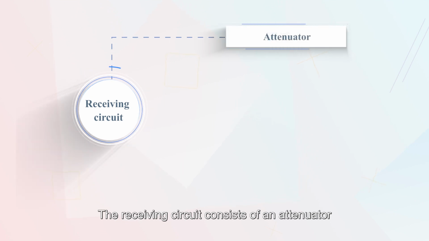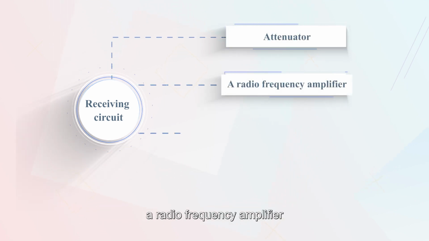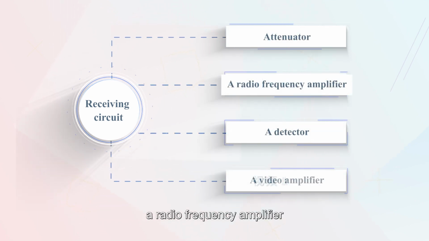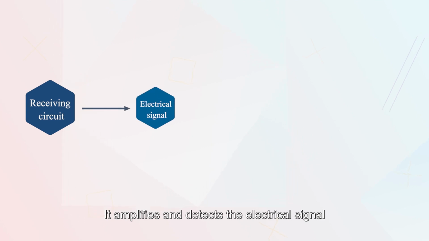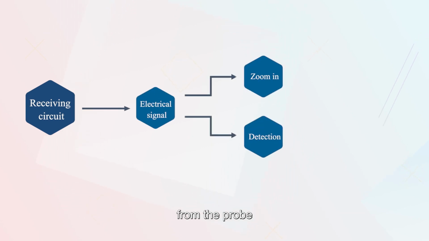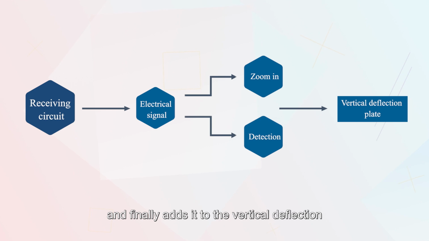The receiving circuit consists of an attenuator, a radio frequency amplifier, a detector, and a video amplifier. It amplifies and detects the electrical signal from the probe, and finally adds it to the vertical deflection plate of the oscilloscope and displays it on the screen.